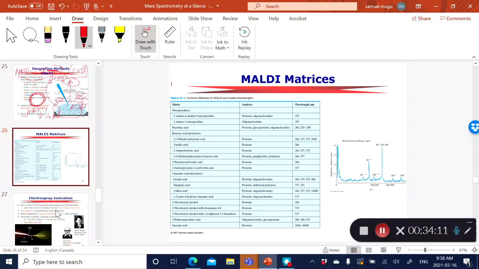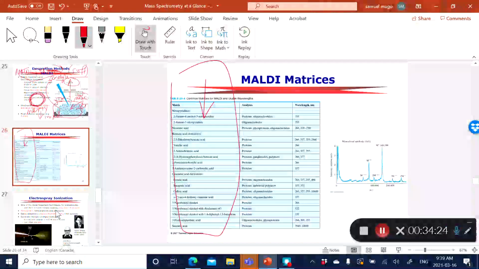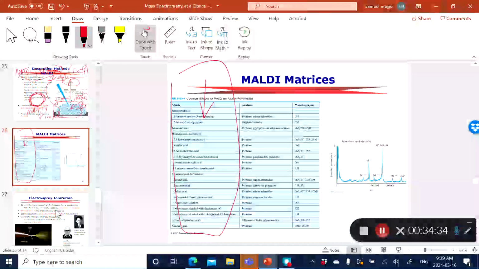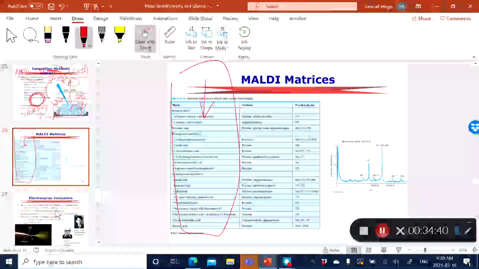Now, there are many types of MALDI matrices out there, but in almost all cases, they are fairly small molecules that are aromatic in nature, meaning they can absorb the UV-visible radiation coming from the laser beam. Because of that, they transfer that energy softly to the analyte. I hope it's fairly clear.